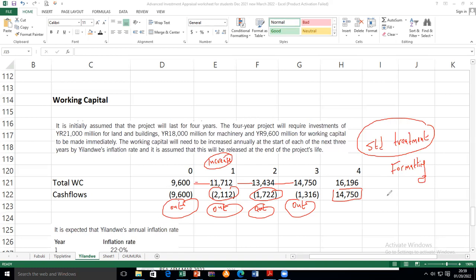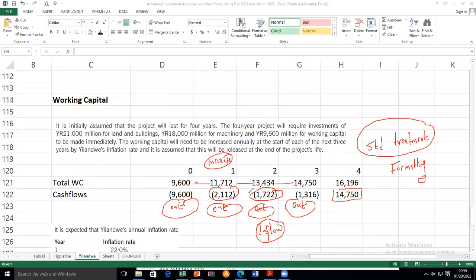At the end, if there was a decrease, if there was a drop from 13,434, it goes to 12, that drop would have been captured as an inflow. So in those years where the sales are low, what happens is that we capture the drop.